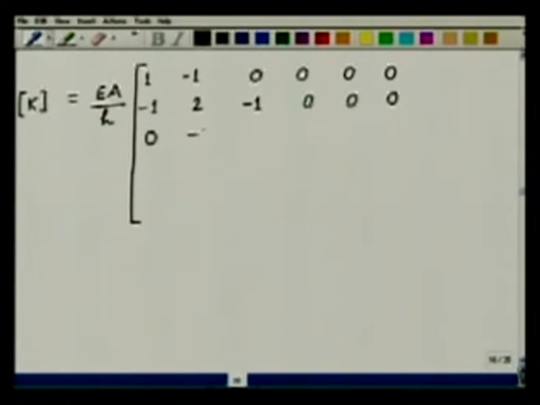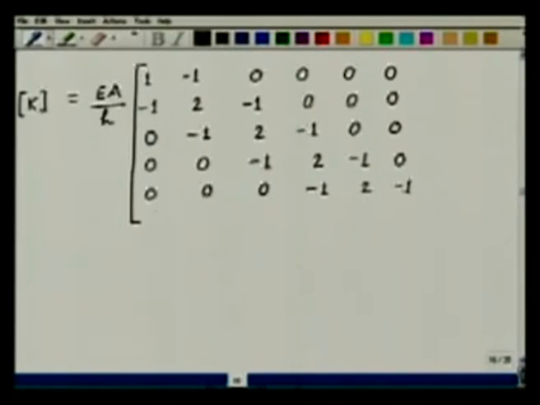Second entry will be minus 1, third will be minus 2, minus 1, 0, 0. So I continue the process, 0, 0, minus 1, 2, minus 1, 0, 0, 0, 0, minus 1, 2, minus 1, and the final equation 0, 0, 0, 0, minus 1, 1.